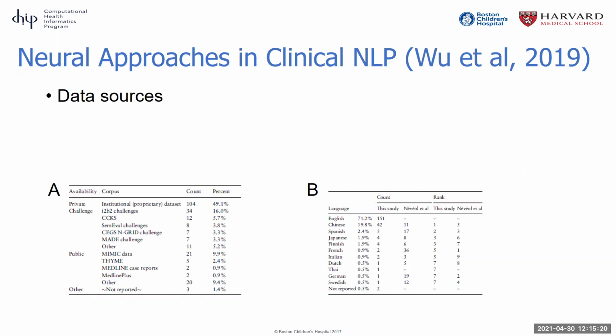About 50%, the remaining of the 50% of the data is shared through several channels. One of the channels is the various challenge tasks, and another one is just releasing annotations to the community, and the MIMIC corpus being one of the most popular clinical data sets.